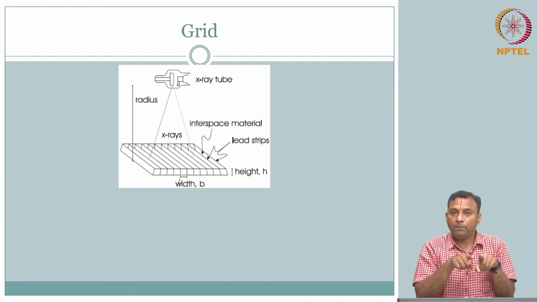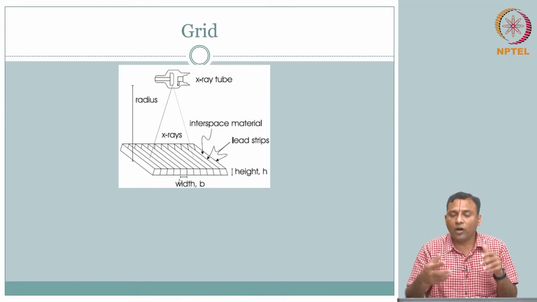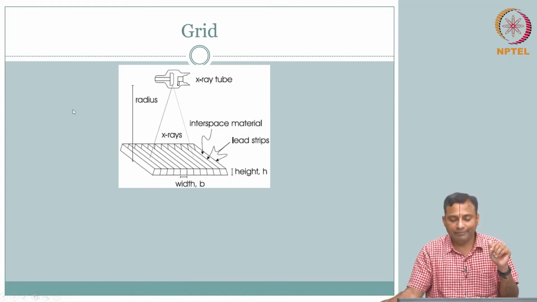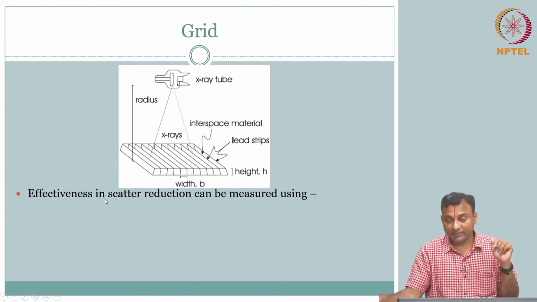your B and height have a role, right? Intuitively, what relationship between H and B is helpful for you? We could think about this as the effectiveness of a scatter grid.